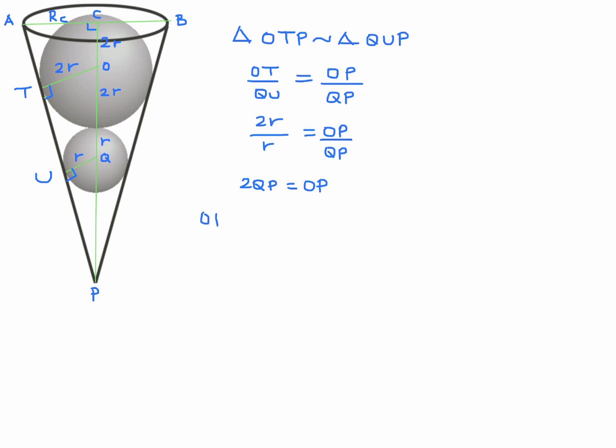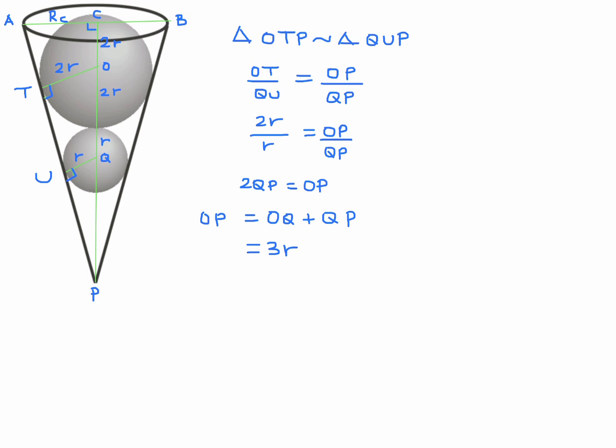OP, which is the distance from here all the way down to there, is equal to OQ from here to here plus QP from there to there. So OQ plus QP. And OQ is 3r. It's this one plus this one. So that's 3r right there. So put that in here, 3r.